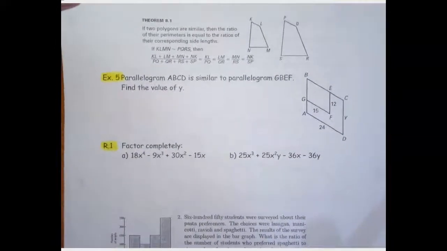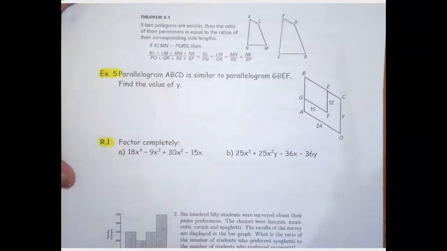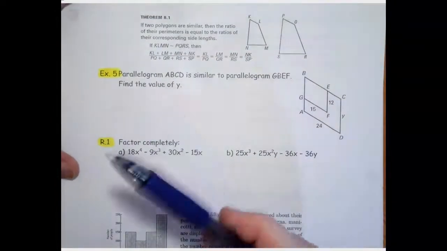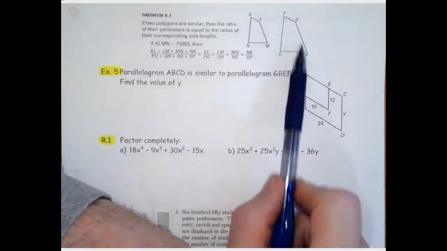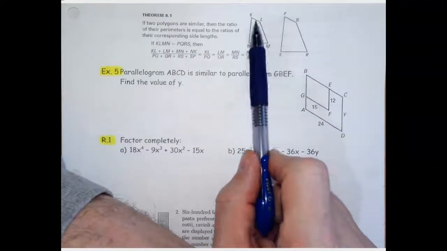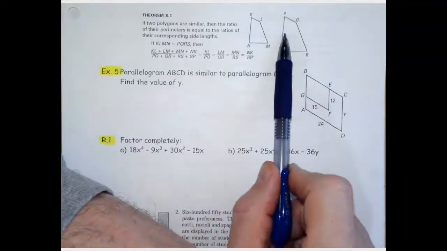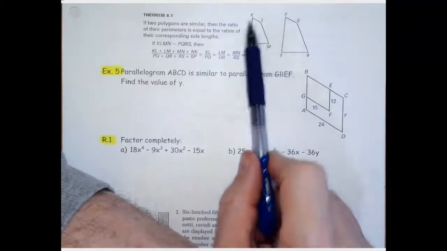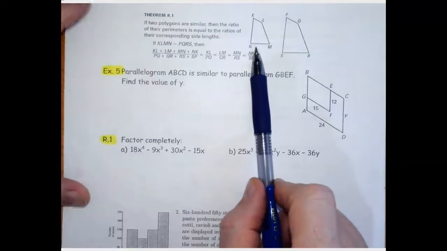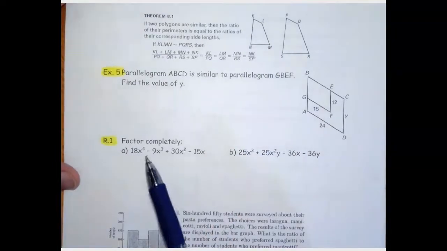This says that if two polygons are similar, then the ratios of their perimeters will be similar also. That should make sense. Let's say these are all double. So if this is double that side, and this is double that side, and this is double that side, and this is double that side, then if we're doubling all the sides, and to get the perimeter you add up all the sides, it should make sense that we are doubling the perimeter also.